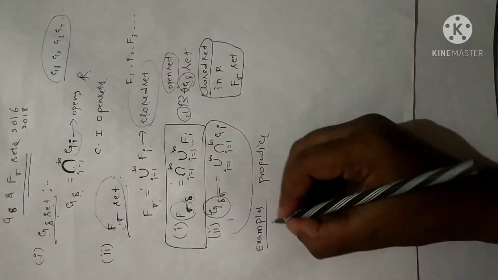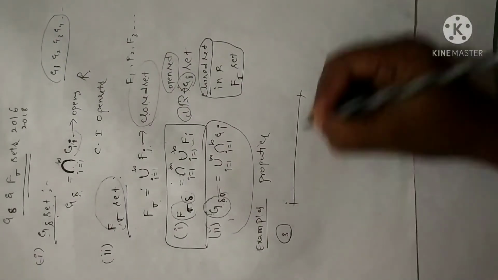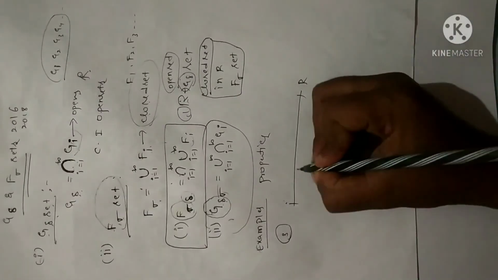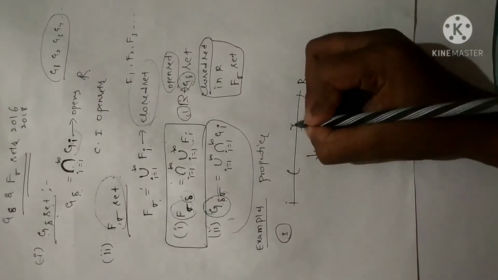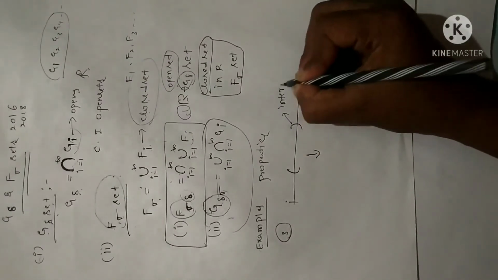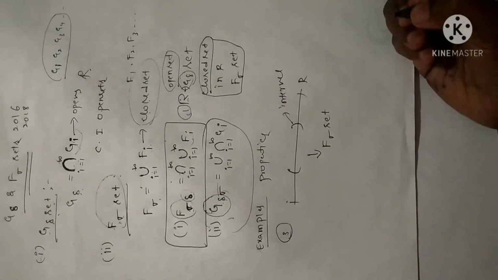Clear? And the third property is that every open interval in R, if you consider a real number and any open interval, I'm talking about an open interval, that will be an example for an F sigma set. Clear? Why?